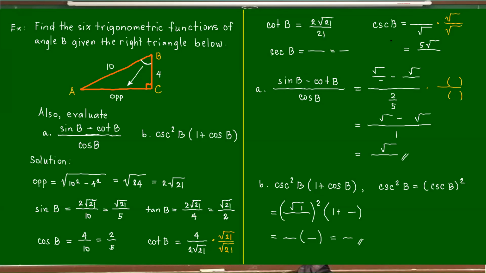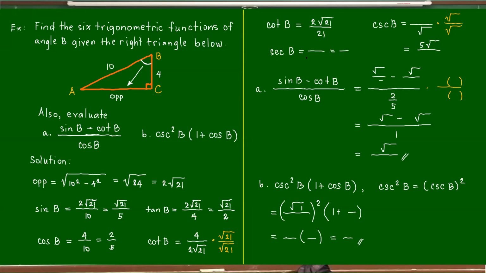Okay, very good. And then for secant B, or what about secant B? You can call a name or you can answer if you want. How do you define secant B?